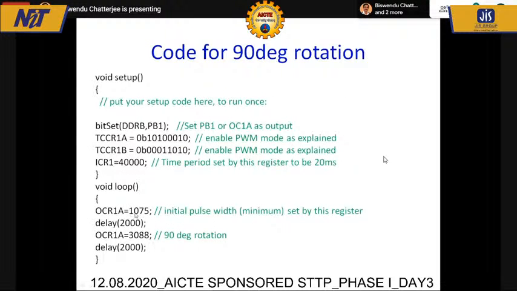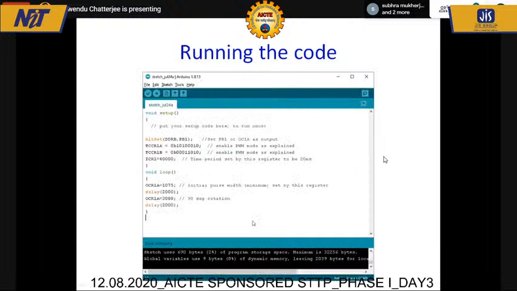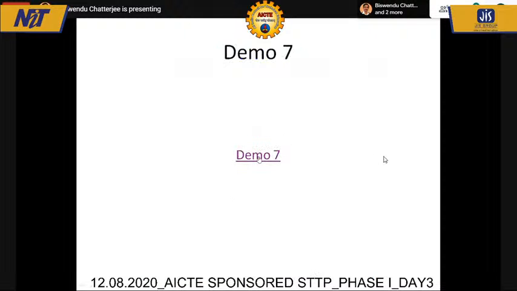So initially it is 1075 at 0. Instead of 180 degree, I have put 3088 for 90 degree rotation. I have put here 3088, and now if you run, what will happen?